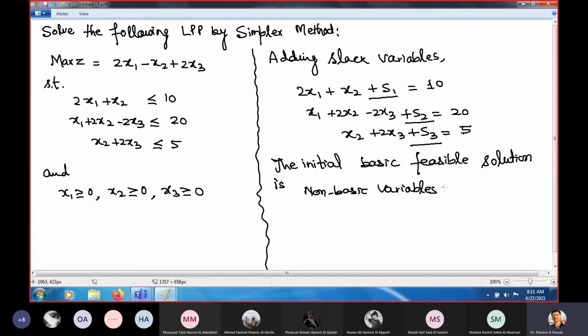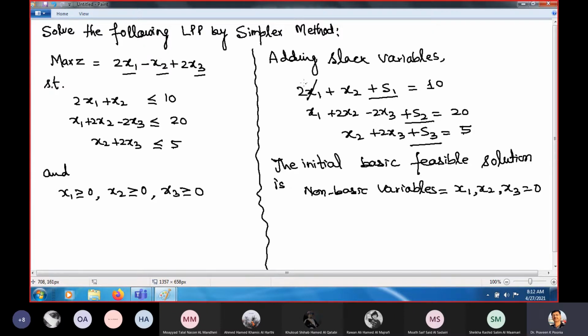And what are the non-basic variables? The given variables x1, x2, x3. Put them equal to 0, because I told you non-basic variables are always 0. The initial given decision variables are the non-basic variables.